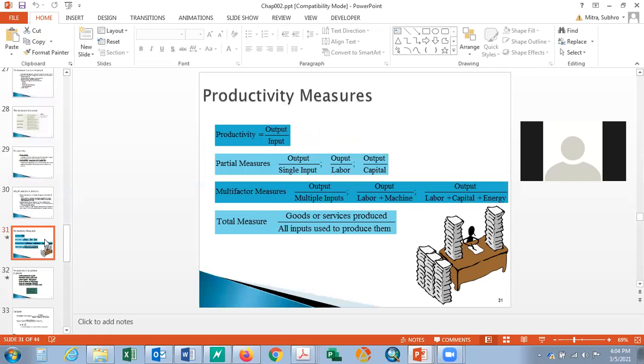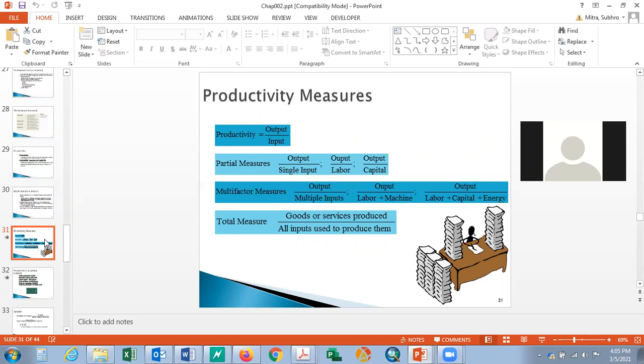Okay. So over here we have the mathematical model, and typically you get some questions from this. Productivity is output by input. So you should always remember the input comes in the denominator and the output in the numerator.